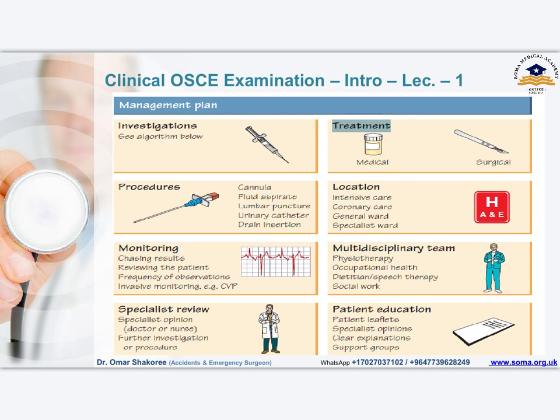As a management plan in all medical or surgical patients, the management consists of these things. We will start with investigation, and we will see the allogram later, and then we will give some treatment, which is medical or surgical, and we will do some procedures like cannula, drain, catheter, lumbar puncture, fluid aspirate, whatever, and we will decide where to put the patient.